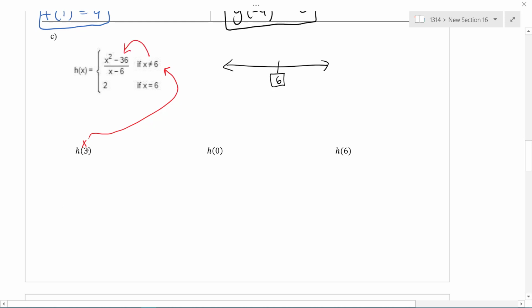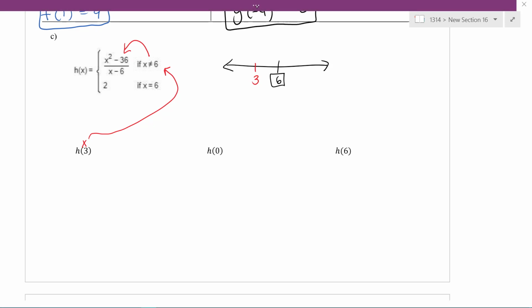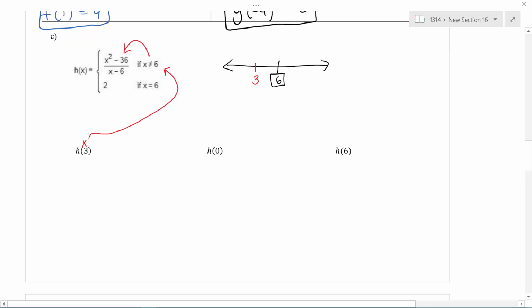So if the x value is not 6, is 3 6? 3 is not equal to 6. That means that as long as it's not 6 exactly, I can use that top equation. So as long as my x value is not 6, I have to use the top equation.